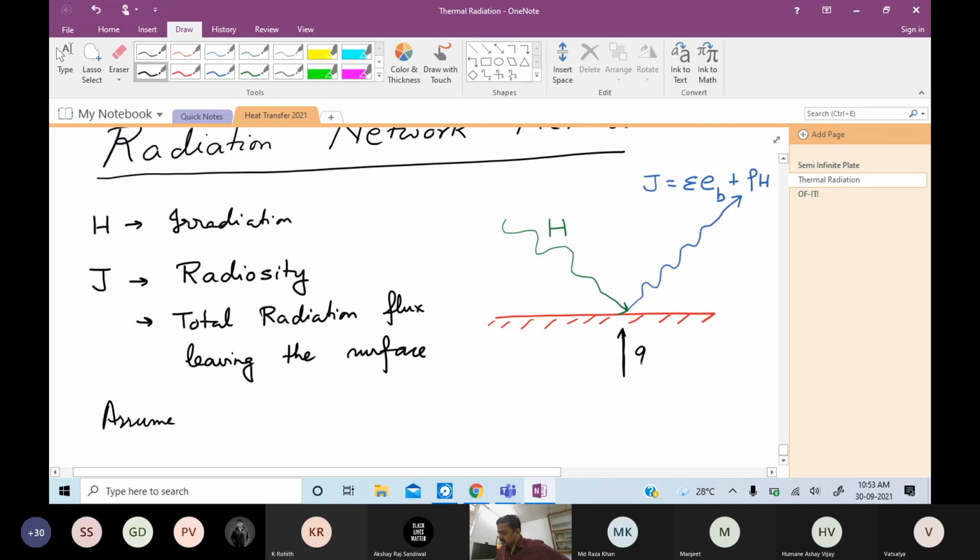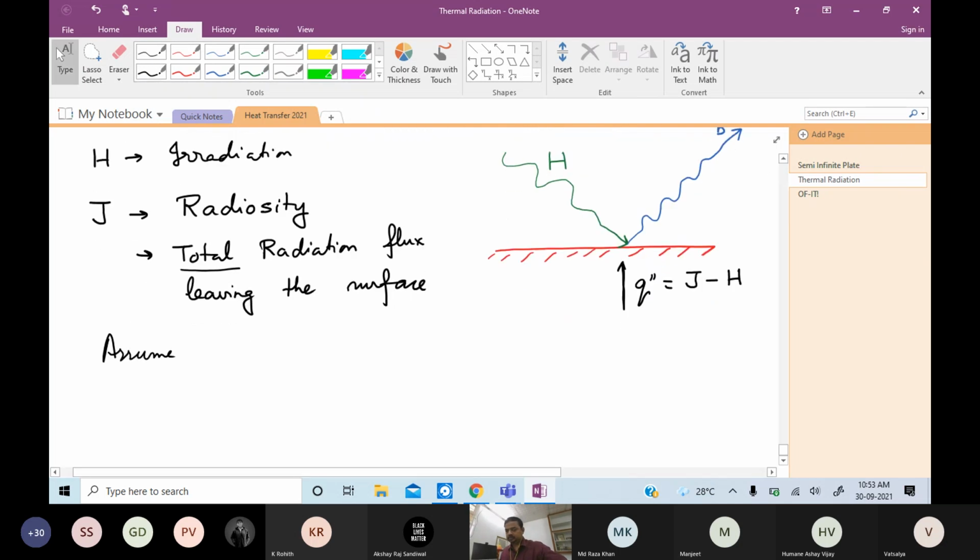So therefore, what is the net heat flux? Net heat flux going out of the surface is J minus H. So assume the surface to be opaque, which implies tau equal to 0.